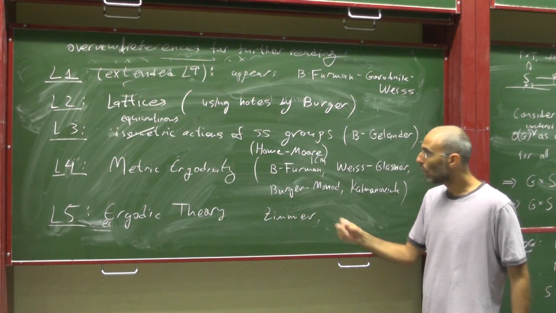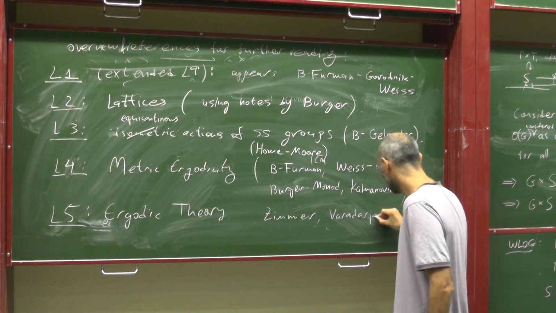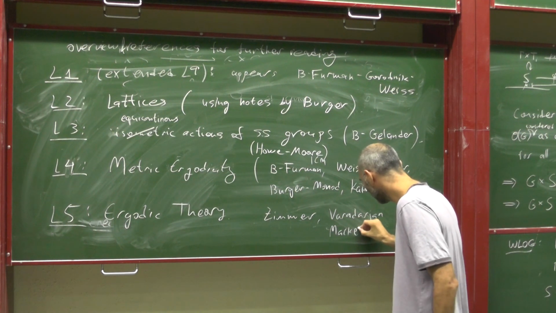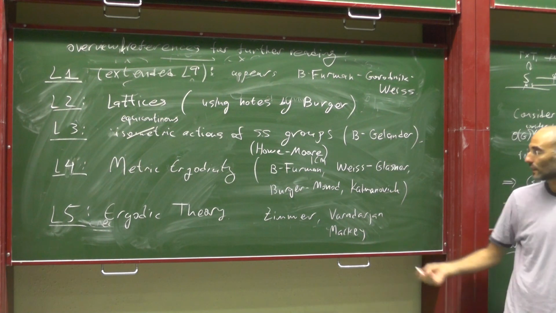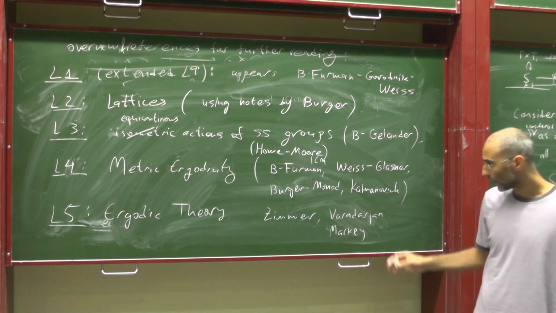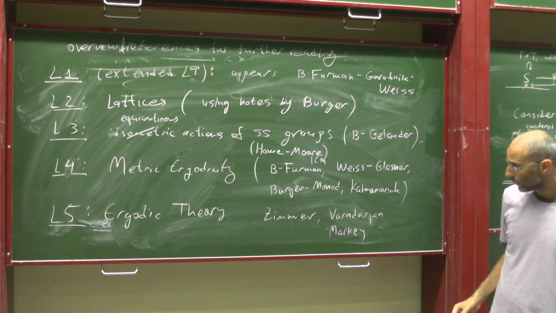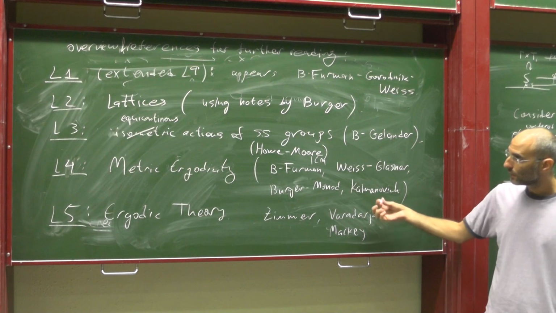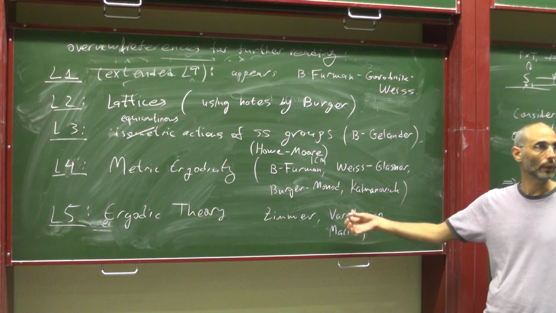And there are papers by Varadarajan and by Mackey about the structure of Lebesgue spaces, and compact models of Lebesgue spaces. I think the discussion we have is not satisfactory in the literature.